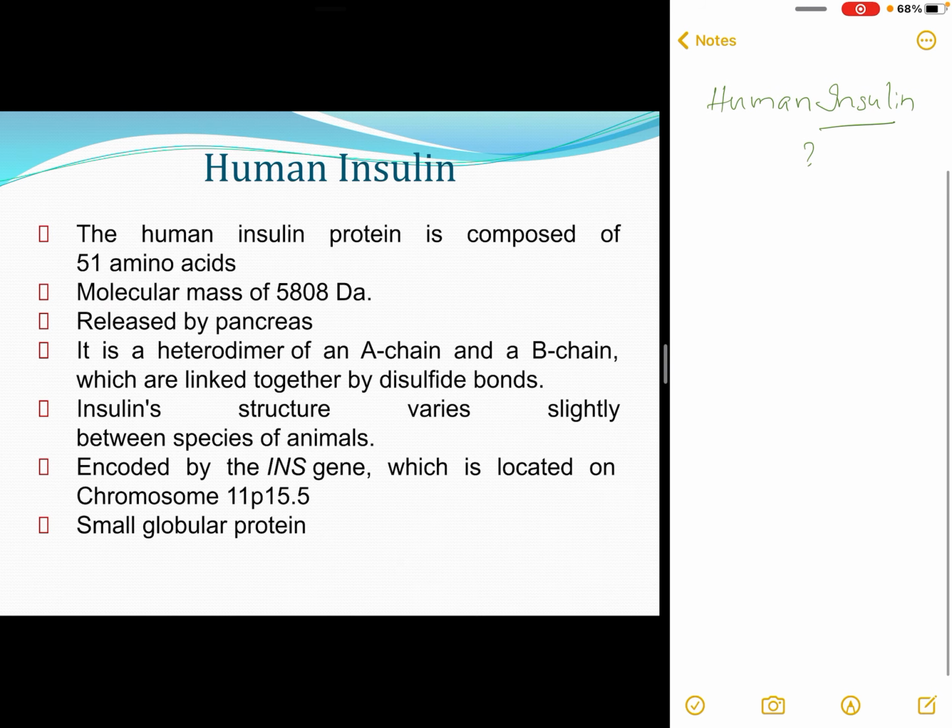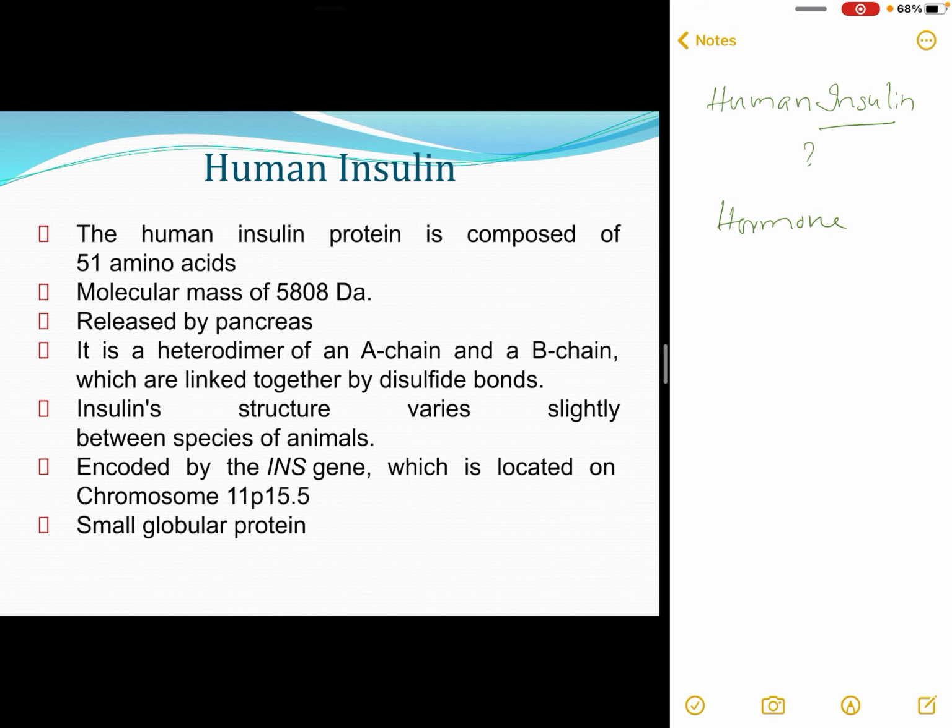As we know, insulin is a hormone, and it is produced normally in the cells of the pancreas. As a hormone, it is essential for regulating energy storage and glucose metabolism in the body.